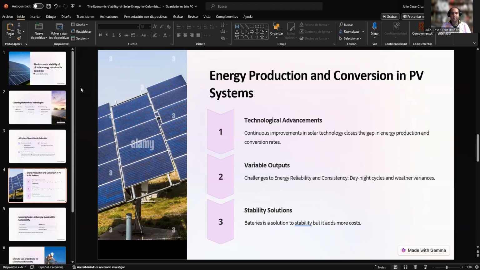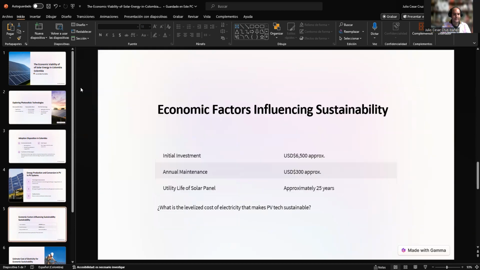At night, the production rate is zero, and when we have clouds in the sky, the rate can be zero or near zero. There are stability solutions like batteries, but installed batteries add more cost to the equation. So it is not good enough in the case of economic analysis.